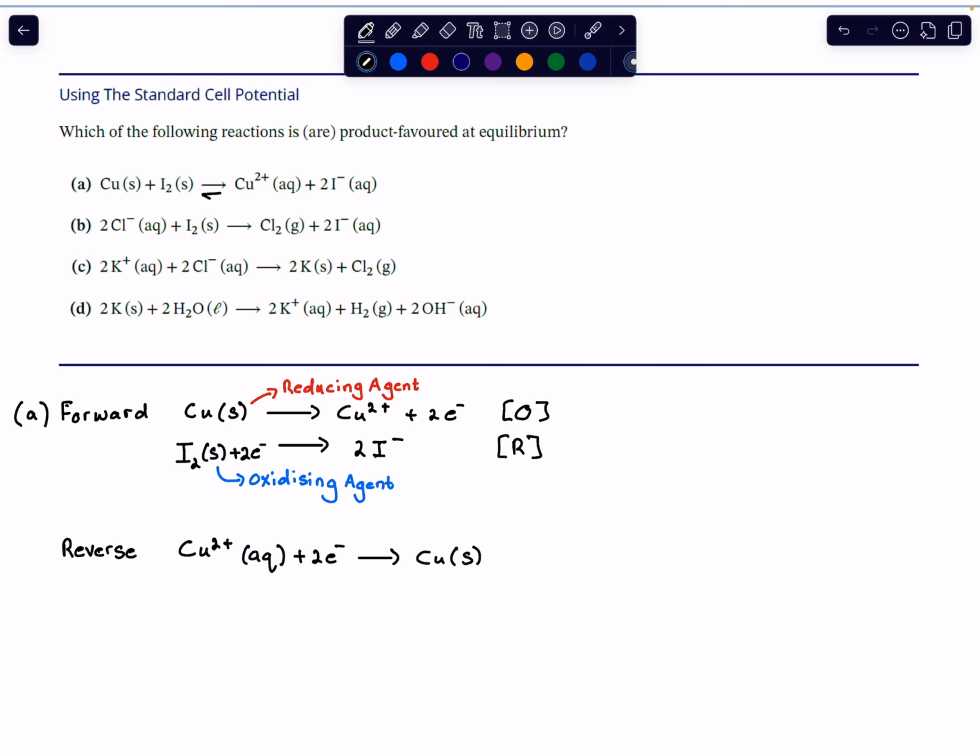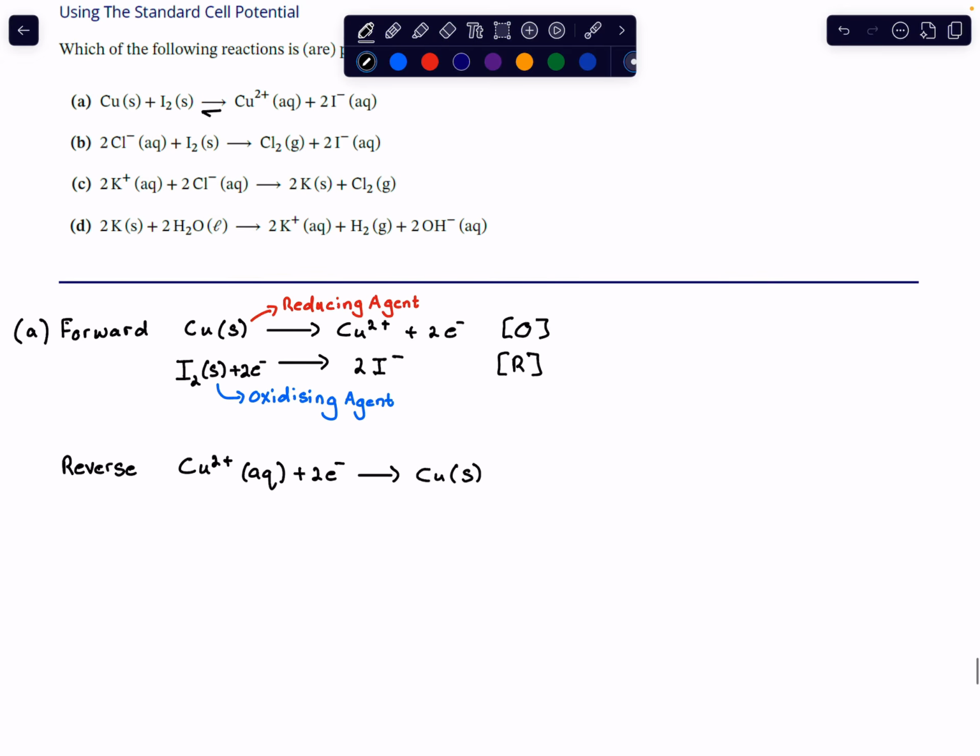That is what's happening in the opposite sense. So copper 2 plus is being reduced, and of course 2I minus, aqueous, is being oxidized, and it proceeds to form I2 solid plus 2 electrons.